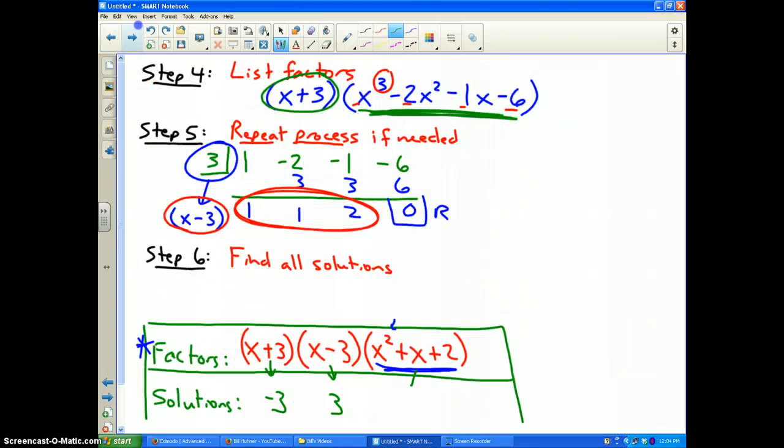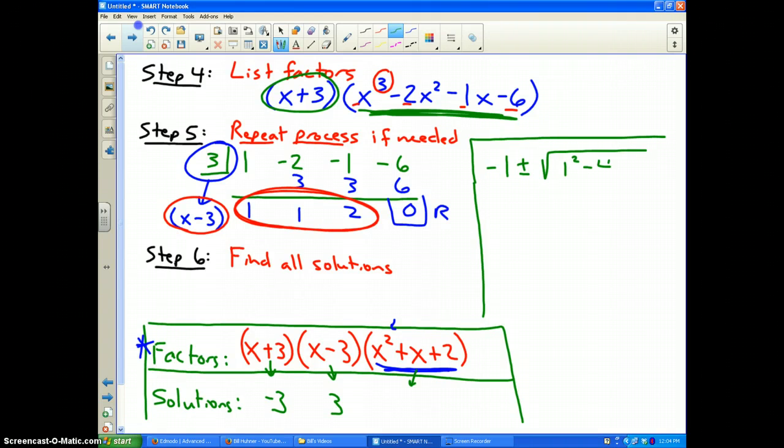Now I got to find the solutions to this guy. Got to use the quadratic formula. So here we go. Negative b, which is 1, plus or minus the square root of 1 squared minus 4 times a, which is 1, times c, which is 2.